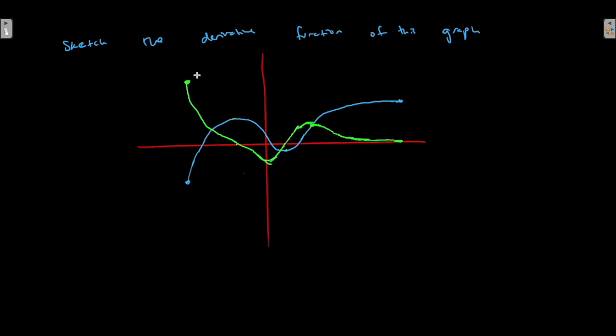So here we can see that the slope is negative, and it increases to 0. So we have a negative slope somewhere around here, I'll say, and it increases until it hits 0 at x equals 0. So it increases, it hits 0, and then the slope increases. Slope increases, and then it hits 0 at this point right here.